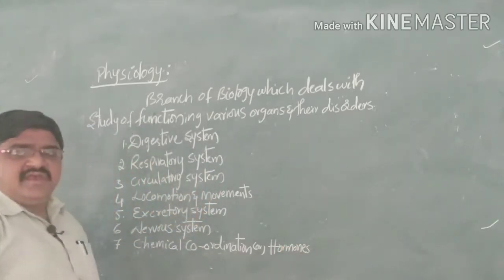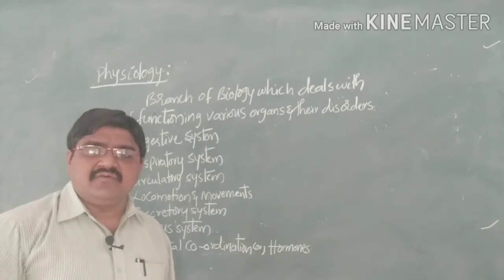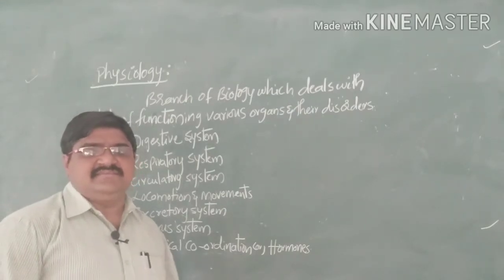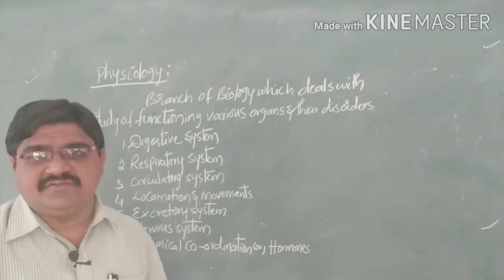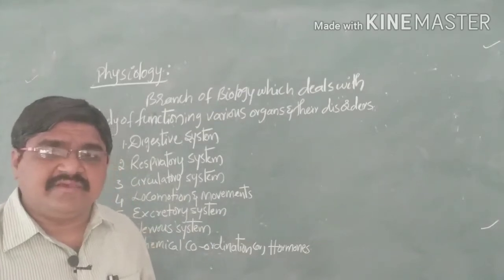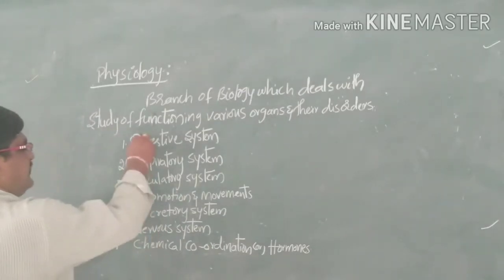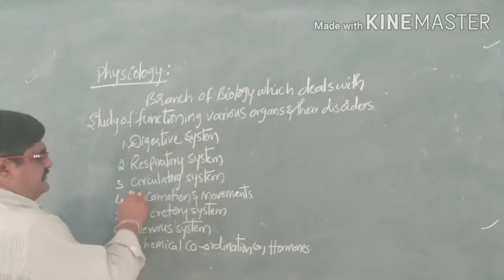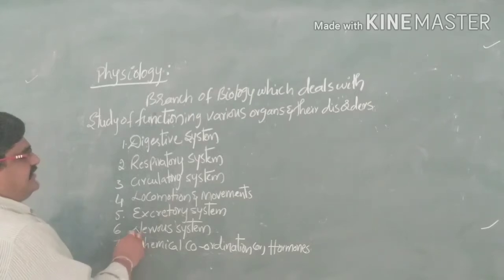So these are the 7 topics we have to discuss in human physiology: the digestive system, respiratory system, circulatory, locomotion, excretion, nervous, and chemical coordination.